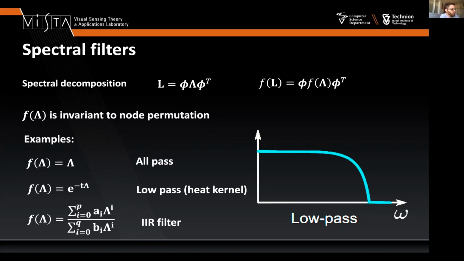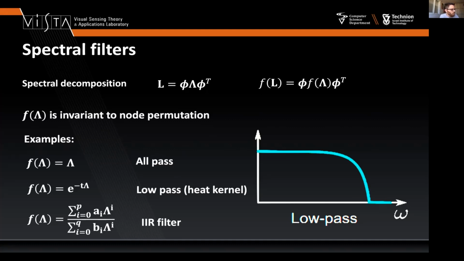There are different kinds of what I call spectral filters, because it's just like in the Euclidean case, where you have the frequencies, and then you apply some function to these frequencies to suppress some of them, or maybe to augment some others. For example, you can pass the frequencies as is.